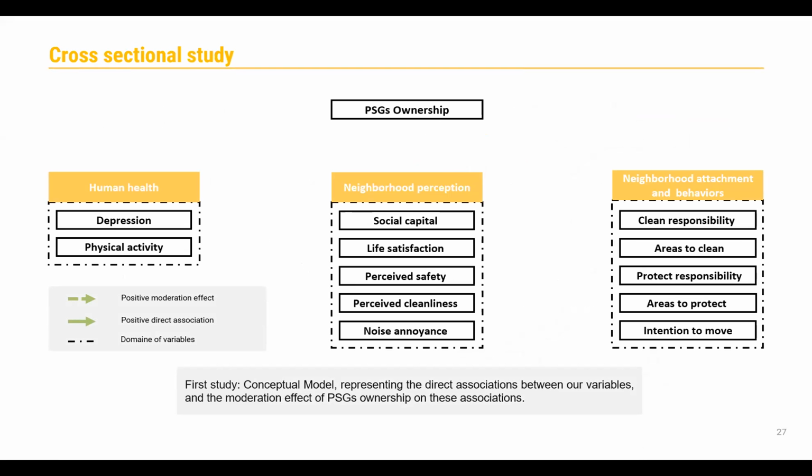In order to investigate the PSG nudging mechanisms, we designed 2 studies. In the first, a cross-sectional study, we tried to identify the kind of relations between PSG's ownership and 3 domains of variables: neighborhood perception with 5 variables, neighborhood attachment and behaviors also with 5 variables, and human health with 2 variables.